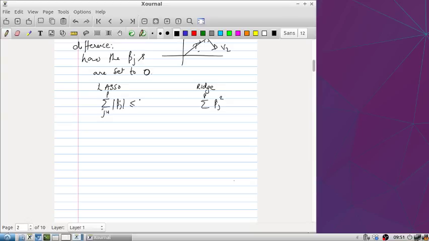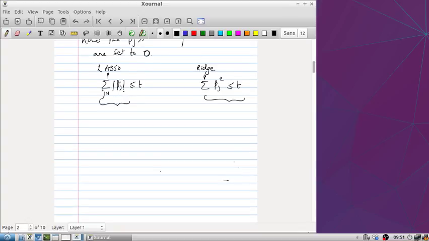Remember last time I said that this being less than or equal to t is the equivalent version of ridge and lasso. The lambda times this term is the same as saying I want to minimize the residual sum of squares such that this constraint holds. The betas are within a budget, essentially. Whether the budget is defined using the L2 norm squared or the L1 norm is the difference.